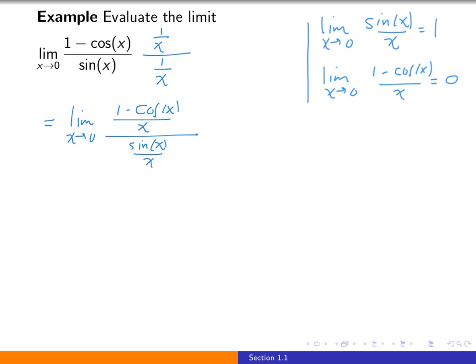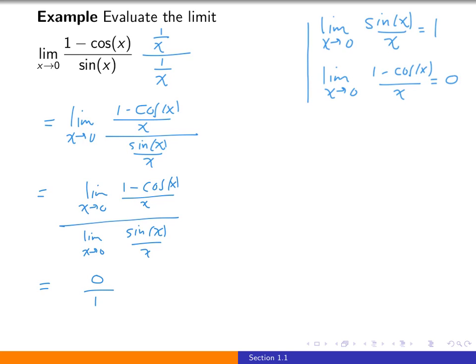And because we know the limit in the bottom, the limit as x approaches 0 of sine x over x, is not 0, it's 1, we can apply our limit laws and take the limit of the top, so that would be 1 minus cosine x over x, and divide that by the limit in the bottom. And using the values that we have, the limit in the numerator is 0, and the limit in the denominator is 1. And the expression 0 over 1 is simply the number 0.